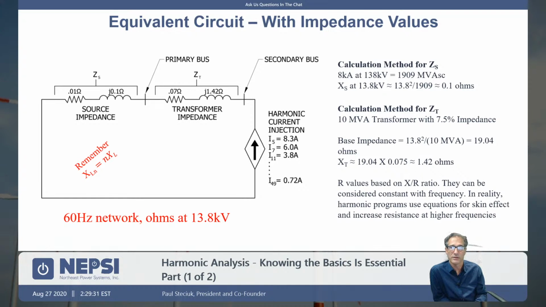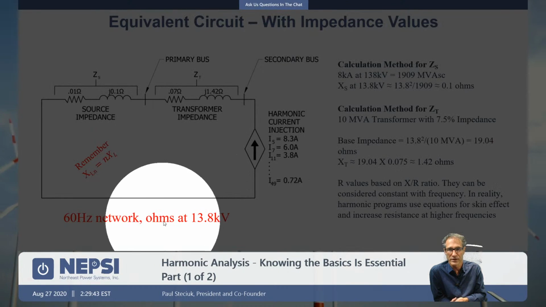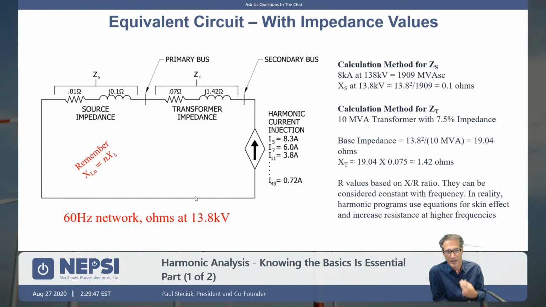So I assigned impedance data now to this equivalent circuit. And remember, this is a 60 hertz network, and I reflected everything to the 13.8 kV system. I like to work in ohms.